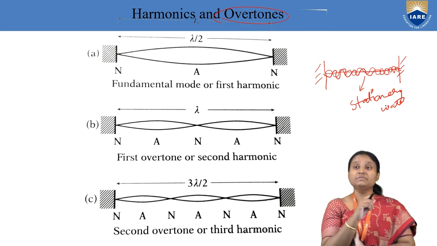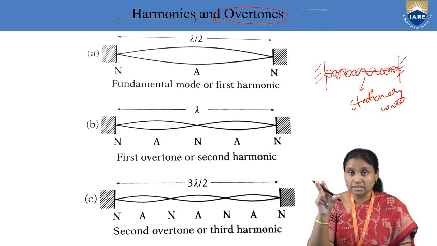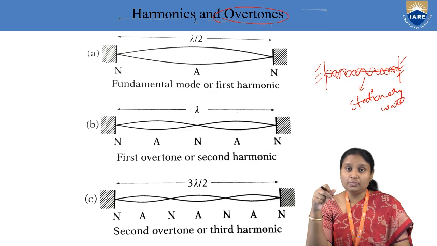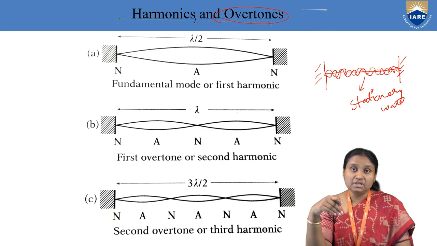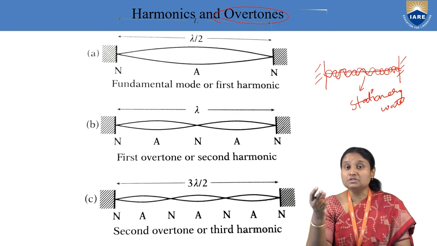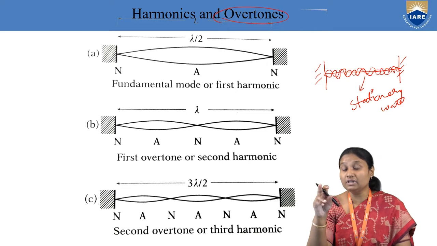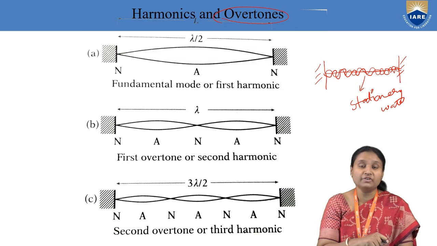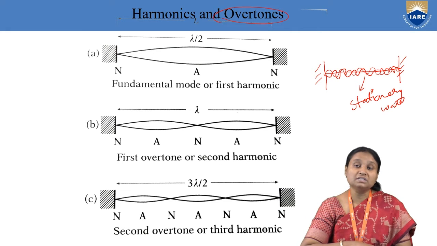So how are stationary waves formed? If we take a string which is fixed between two points, and then make a progressive wave travel through the string, then when this wave reaches the fixed end, it gets reflected back into that string. Because of superposition of these two waves, one being the traveling wave and the other its reflected wave, which is going to have a phase change, we are going to get stationary waves.